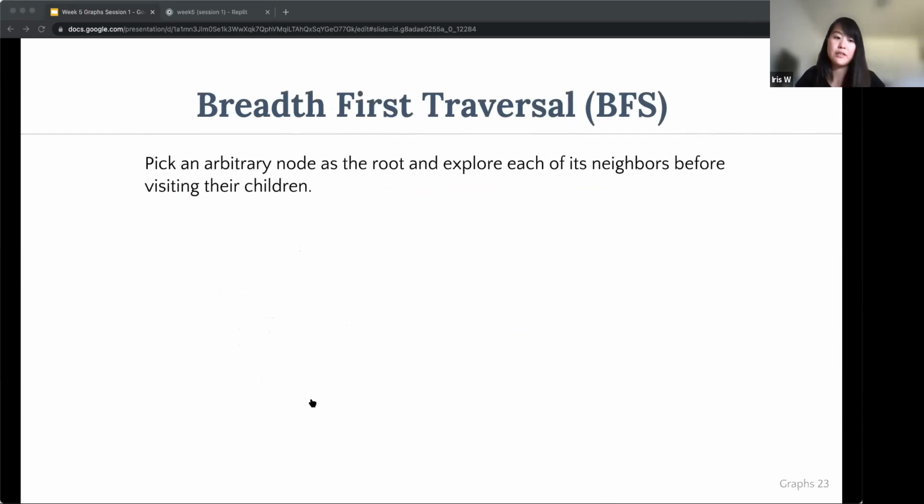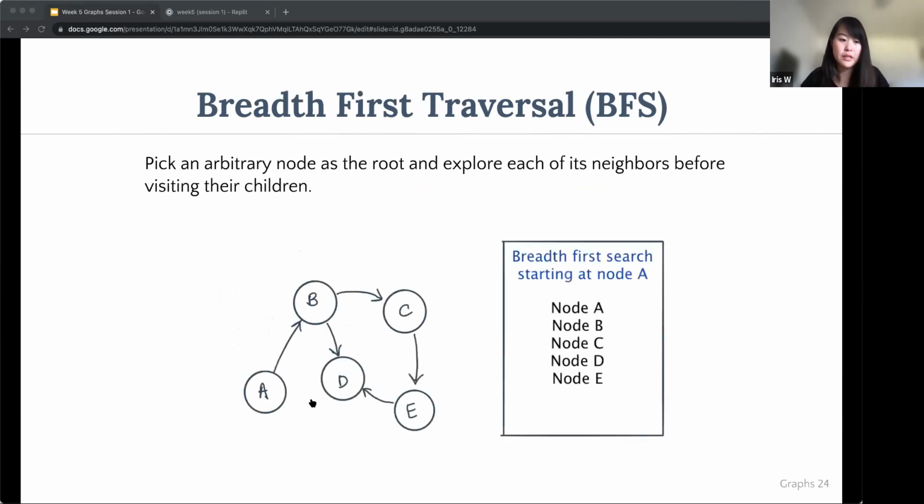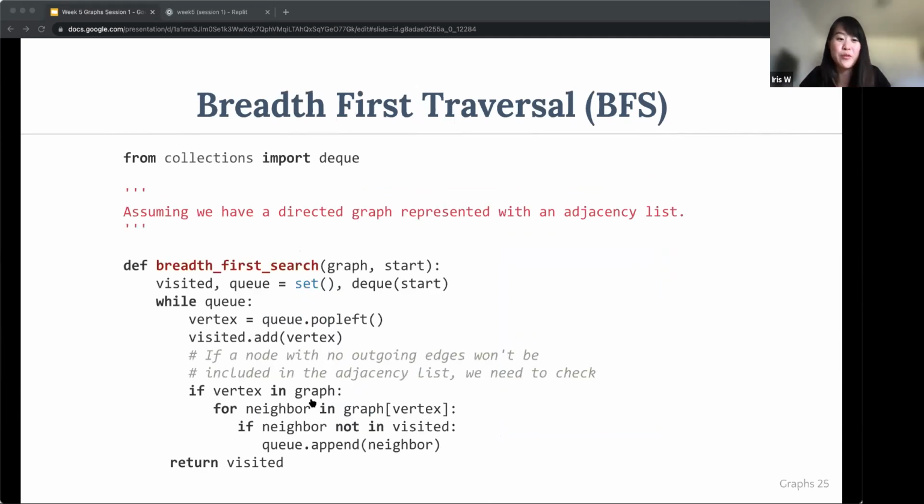And then BFS is simply what you've known from before with trees, a very similar concept, where you pick a node and explore each of its neighbors before visiting their children. So BFS starting at node A would look like this. And the code, assuming we have an adjacency list representation of a graph, would look like this.